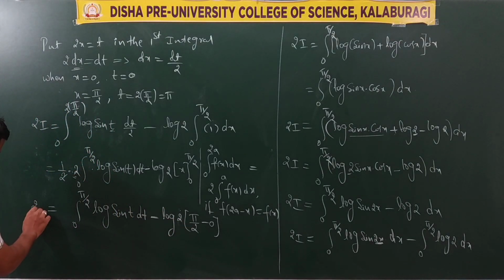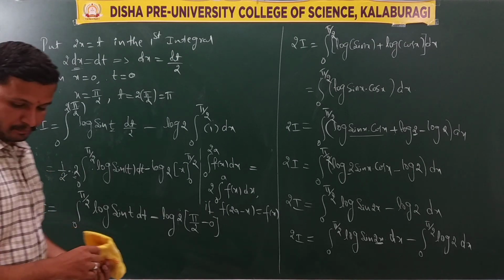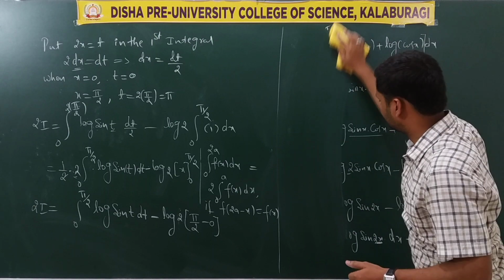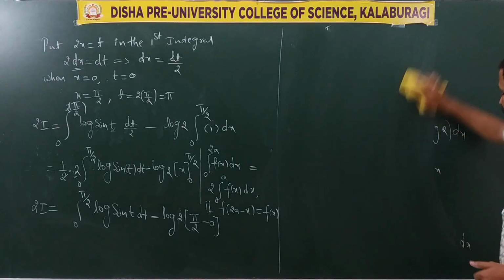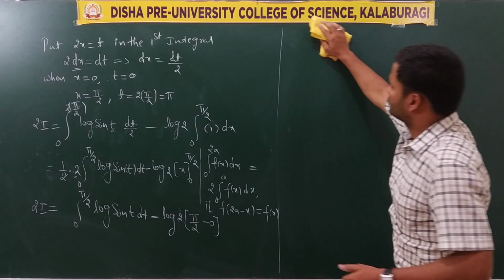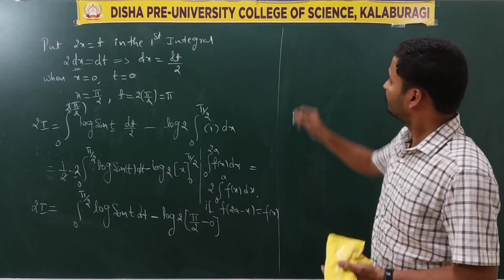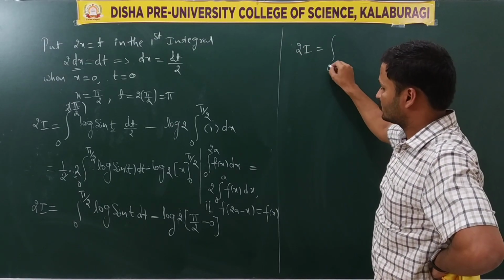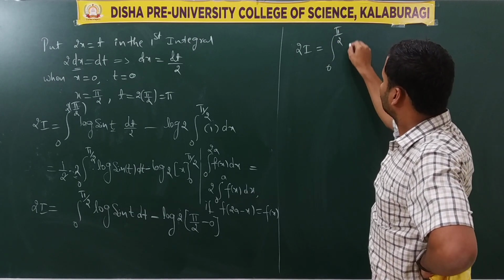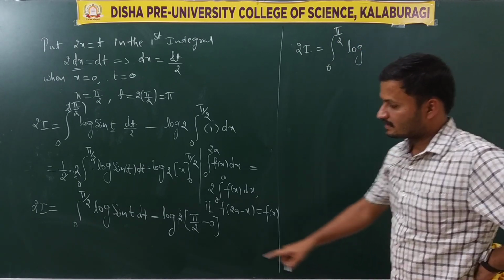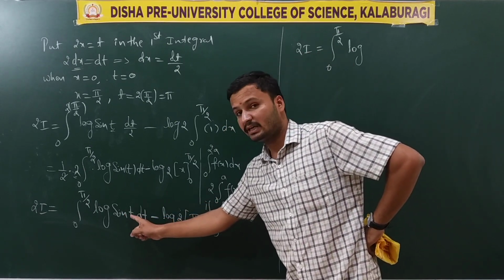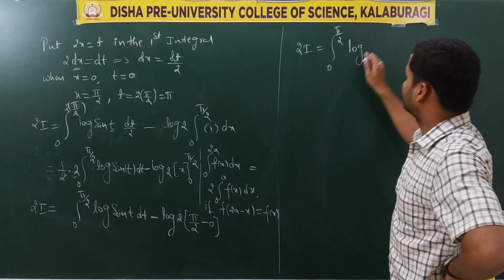Okay, so 2i is equals to, yes, now 2i is equals to integral from 0 to pi by 2 log of sin of t into dt. Now I will change the variable t to x.